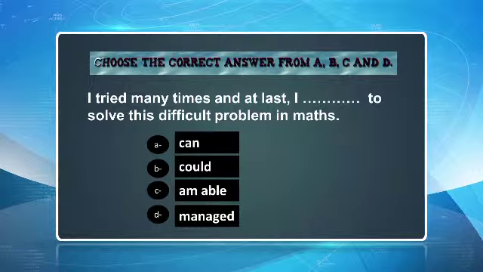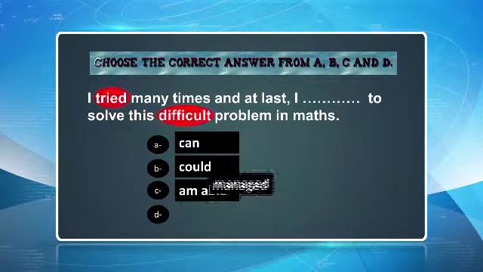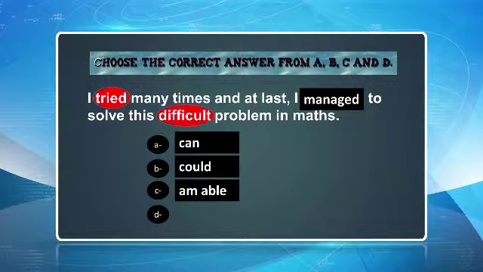I tried many times and at last I managed to solve this difficult problem in maths. And you look at the words in this sentence that will help you to figure out the answer, tried and difficult. So you can tell that there is a bit of a struggle, and the word managed tells you about that. It says that you are facing a problem and eventually you overcame it.